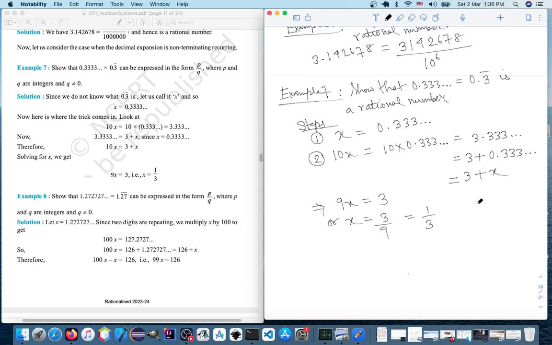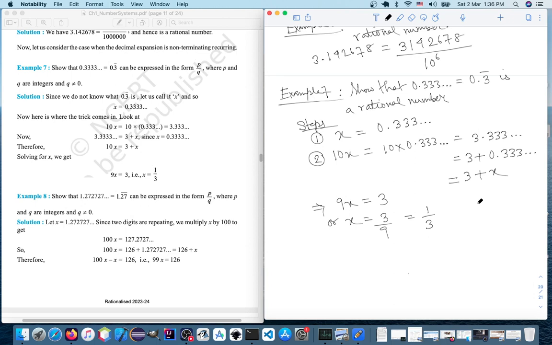Once again, let me explain what we just did. We are given a number which has a non-terminating recurring decimal, which is 0.3 bar. The repeating block of digits is 3, and there is 1 digit. So we first write x equals the given number, and then multiply the first equation with 10. Why 10?